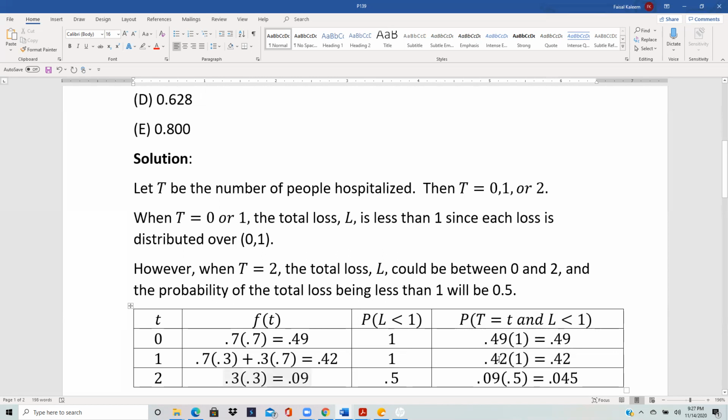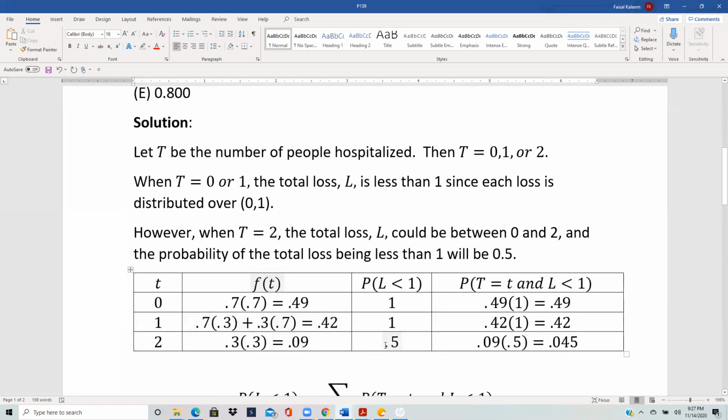And finally, the probability that two of them will be hospitalized is 0.3 times 0.3, because 0.3 is the probability of one of them being hospitalized. So that's 0.09. And in this case, as we talked about above, the probability of the loss being less than 1 is 0.5. And so the probability T equals 2 and loss less than 1 would be 0.09 times 0.5.